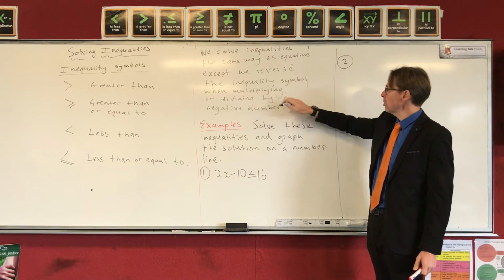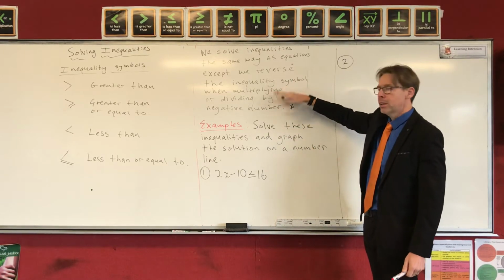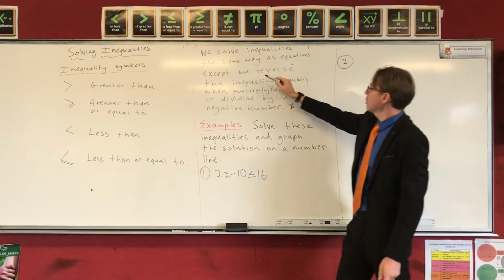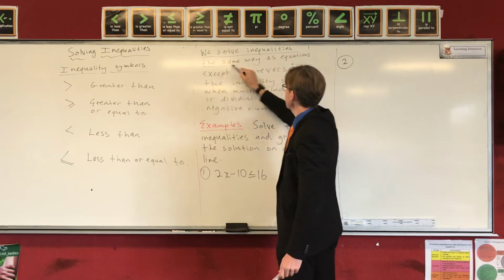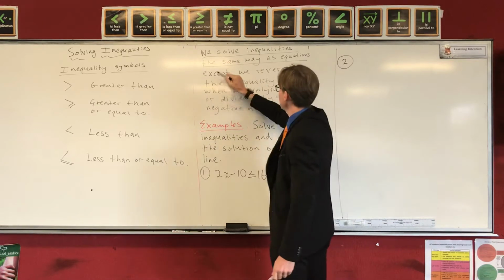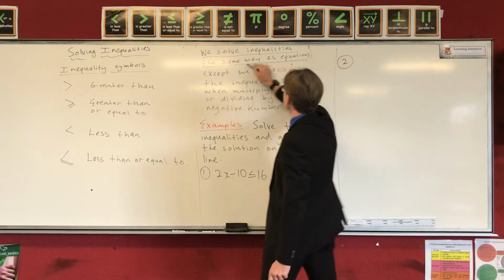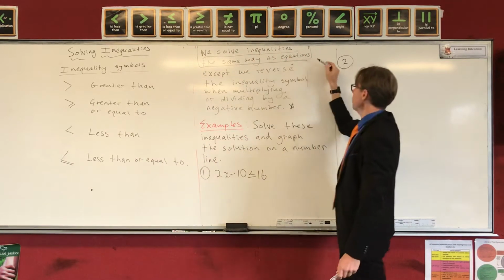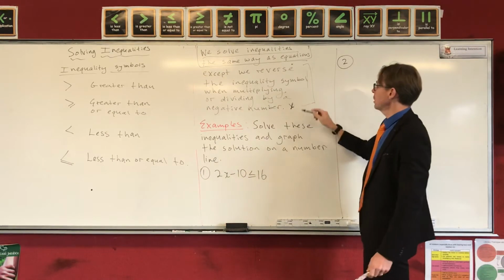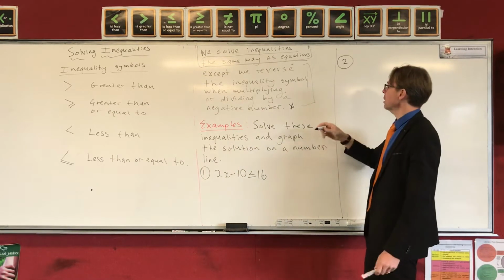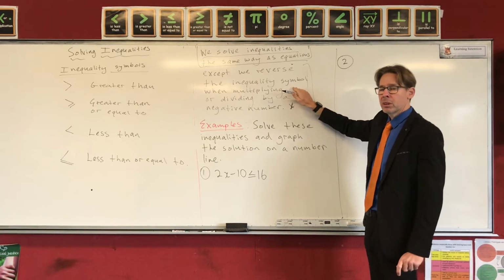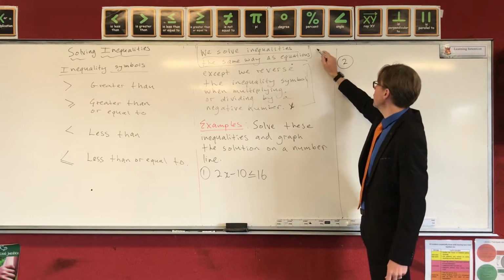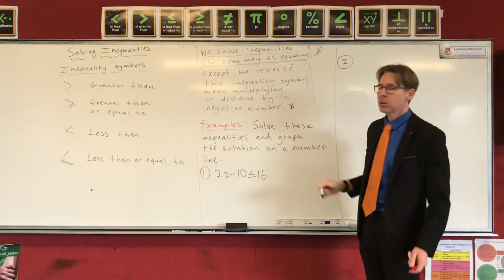We're not going to use the second part of that in the first few questions, but certainly this part we'll be using. We solve inequalities the same way as equations. Okay, so this part here will be for the first few questions, and the second part will be for the later questions. I'm going to explain why we reverse the inequality symbol in the later questions, but in the early questions we're just going to use the typical equations method.